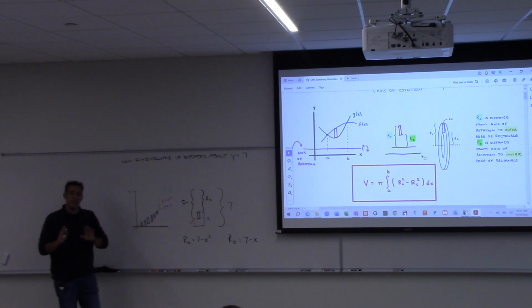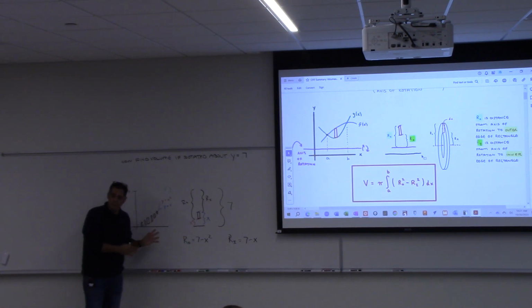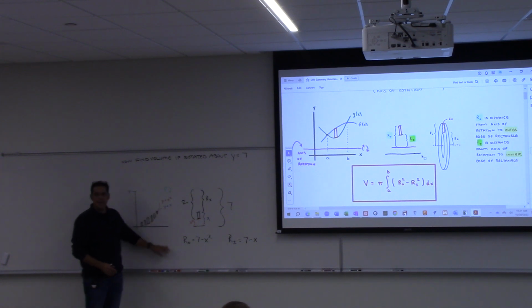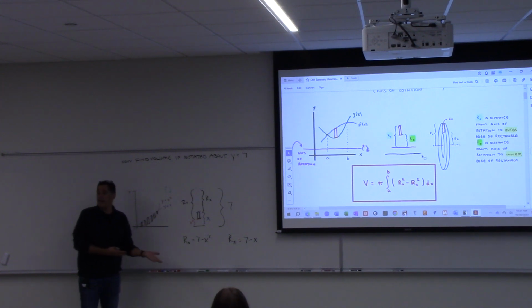I'm going to just say yes in this example. Okay? I don't want to generalize it because there's danger. What if this graph is in this quadrant, like down here, not up here? Where's your axis of rotation? You have to understand how to generate the formula from the geometry you have. If you just say, okay, if it's above, I do this, if it's below, I do that, it's going to catch you.